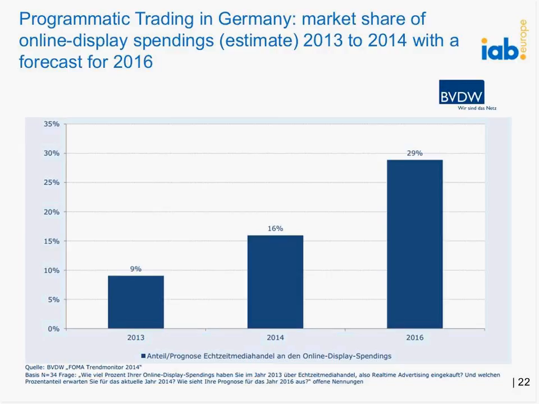So we believe in 2016 we will have at least a market share of about 30% driven through programmatic, which probably is even a very conservative assumption. If the Germans decide to do something, they do it in a very structured and very tough way.